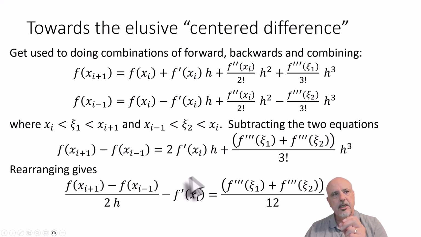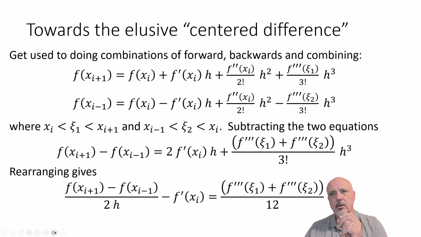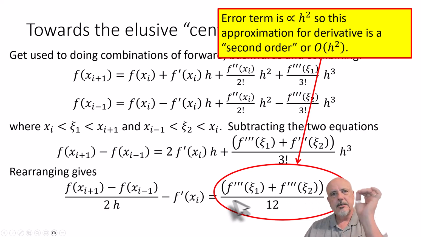I'm going to divide by 2h. So once I divide this by 2h, I'm going to get 1/2, and this h cubed goes to h squared. Okay? So this error term gives me another expression for the first derivative, which is on the order of h squared.